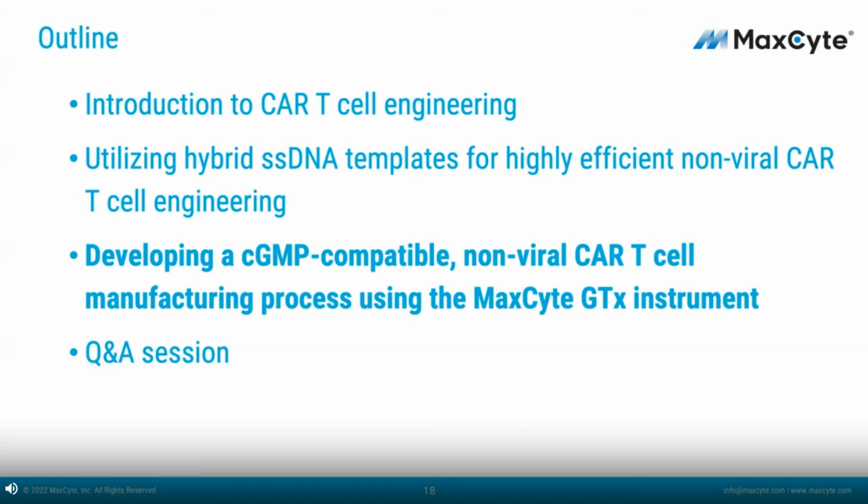So the next step in this work was to take the single-stranded templates which were developed and which showed previously can be used for knock-in and integrate them into a GMP-compatible non-viral CAR T-cell manufacturing process. And this is where the MaxCyte platform really came into this work.